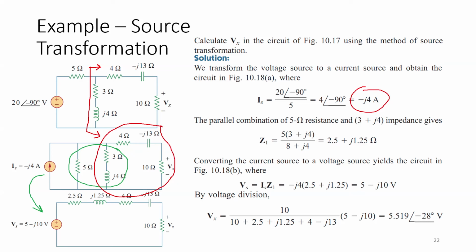So we have found the parallel combination of these two resistances like this one here, and then we have converted this current source connected in parallel to the impedance to a voltage source, and its magnitude is given here. So in the end, what we do is we apply the simple voltage divider rule in order to find Vx, the voltage across the 10 ohm resistor, as we have seen here.